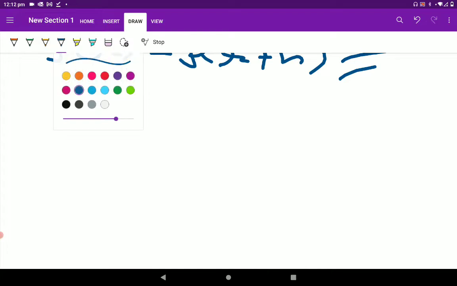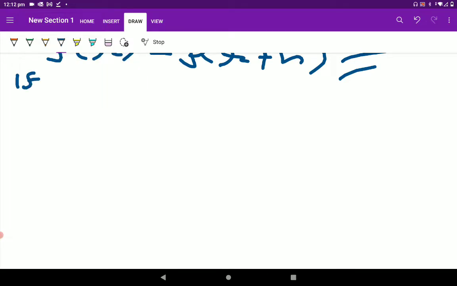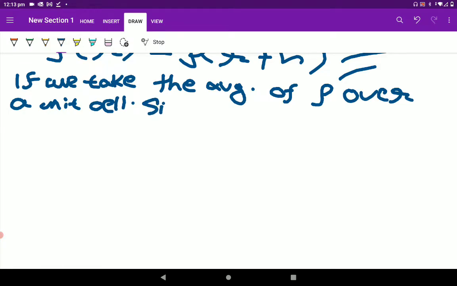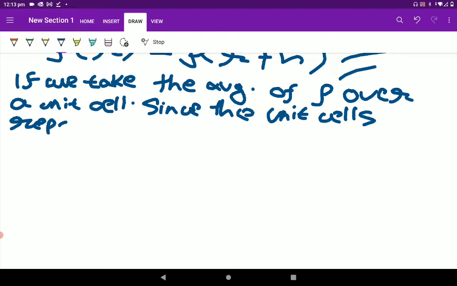Now, if we take the average of that quantity, that is, of the charge density over a unit cell, since the unit cells repeat everywhere, this corresponds to the average over all the crystal.